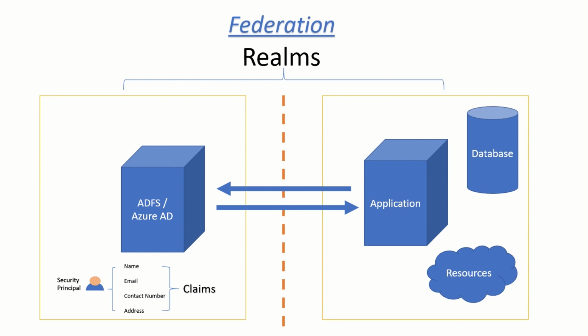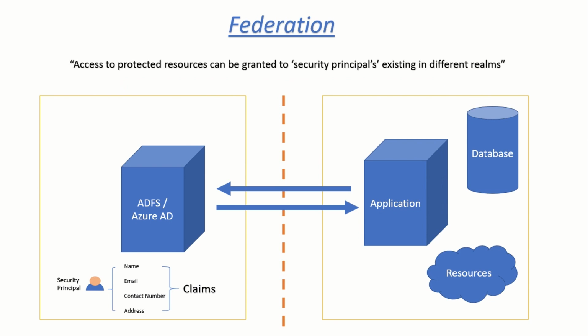Now, defining a way or achieving a method wherein this access can be granted is exactly what federation is all about. So from a definition perspective, federation means that access to protected resources can be granted to security principals existing in different realms. This is what federation means.